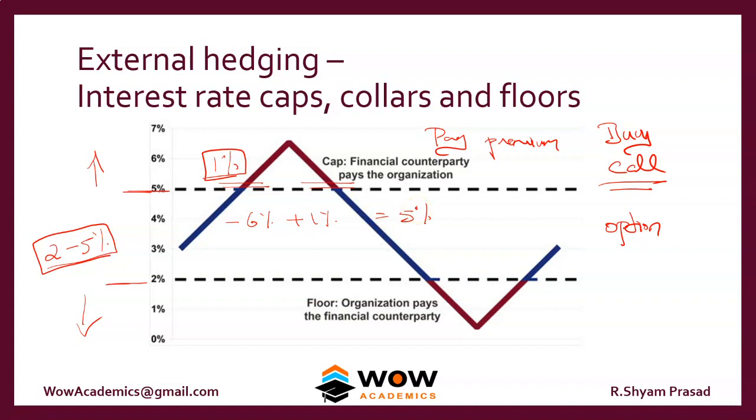But at the same time, they don't want to benefit from rates below 2%, so they can sell a call option again. For this, they will receive a premium.